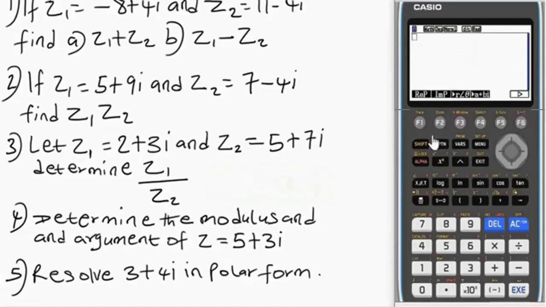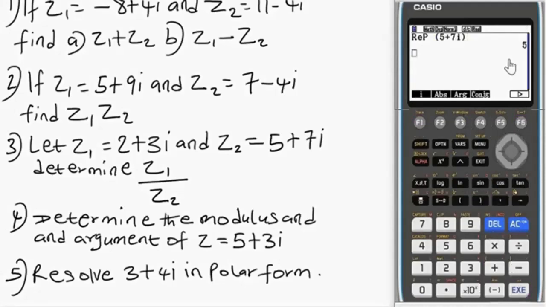Now, if you want to make use of this real part, let's say for instance this complex number 5 plus 7i, real part of, press F1 in brackets, 5 plus 7i, press next page for i, close the brackets, press execute.